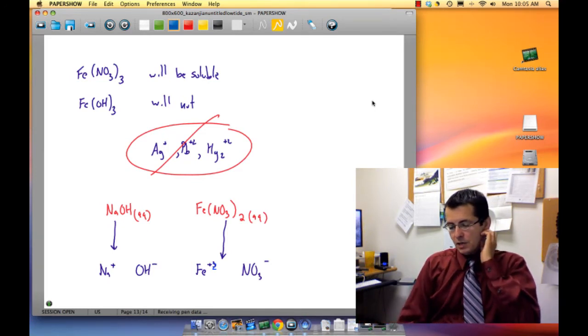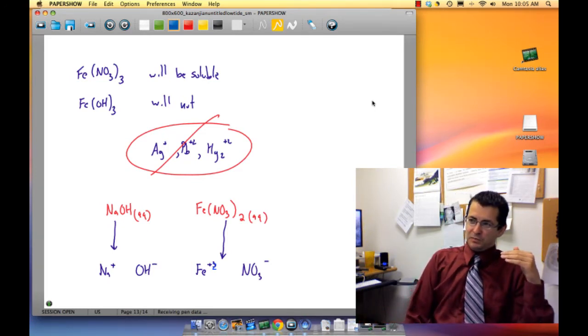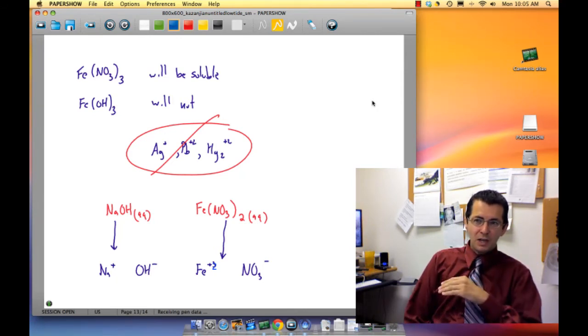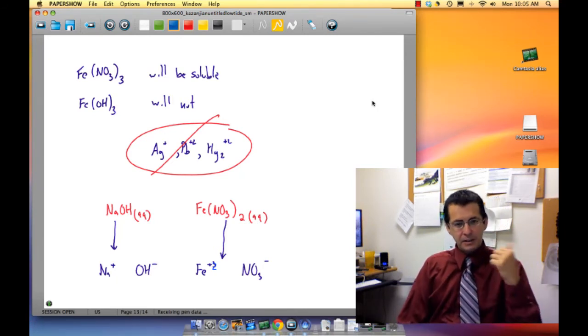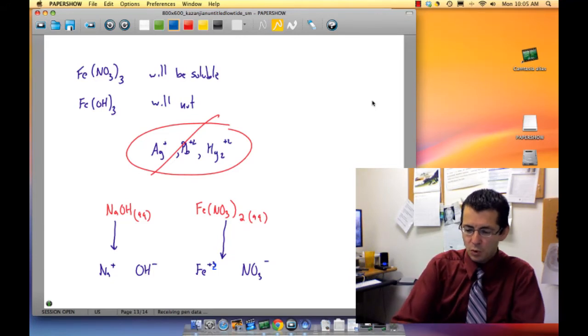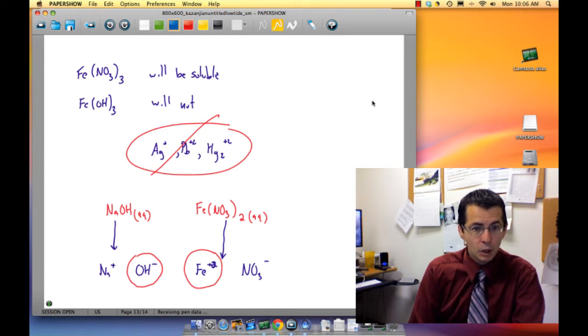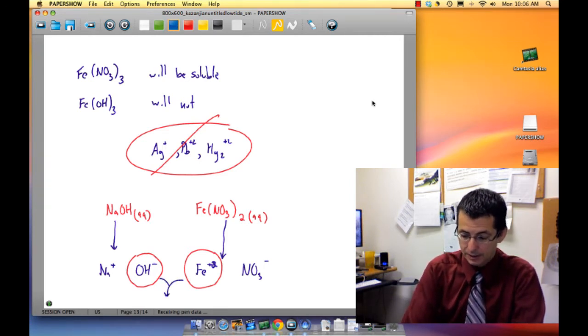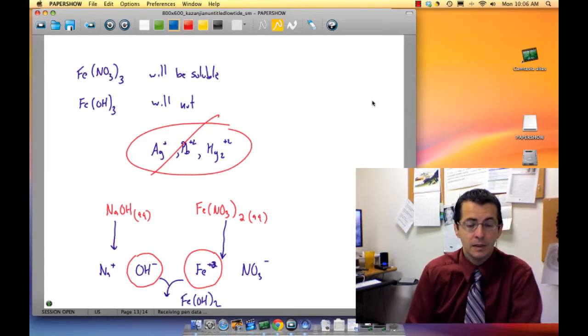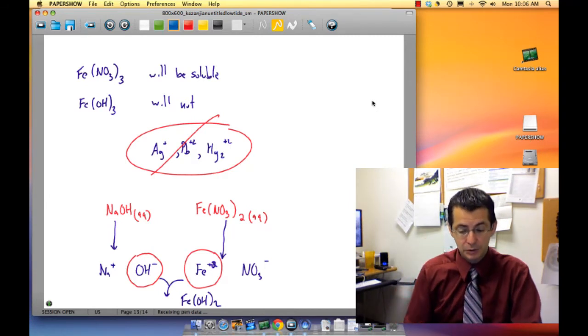And as I mentioned, if a reaction is not going to proceed one way, that means it'll likely proceed the other. If you were to mix these materials, the hydroxide ions and the iron ions would interact and combine to form the iron hydroxide compound, and it would precipitate out of solution.